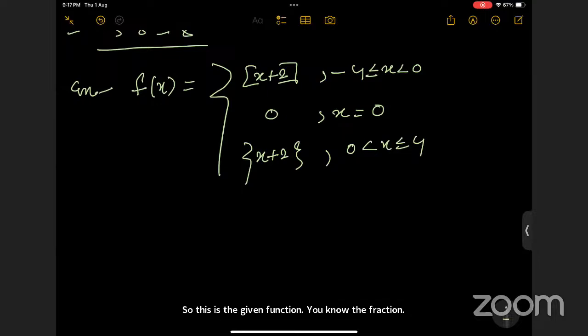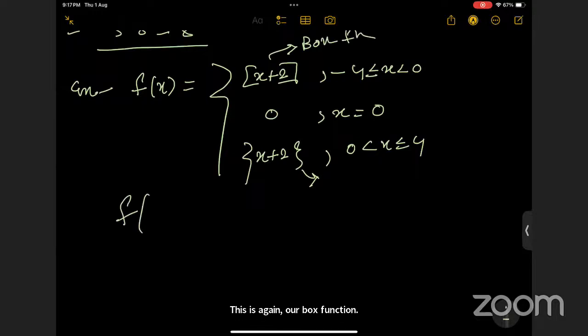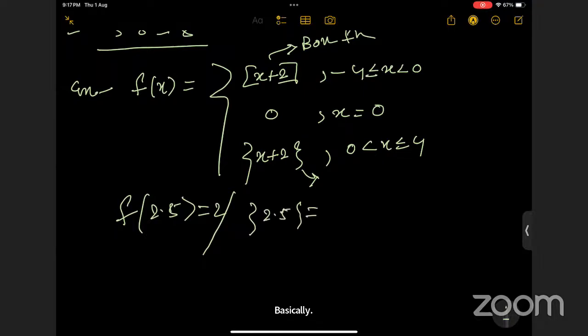You know the definition of this function within the curly bracket? This is again our box function, like f of 2.5 is 2, that we know. And this fractional part of 2.5 is the fractional part.